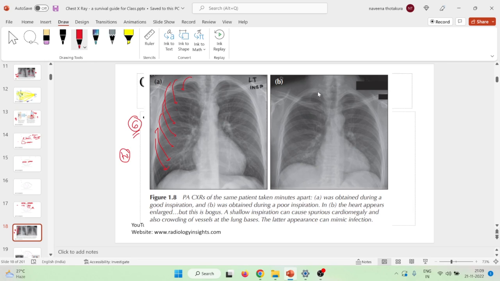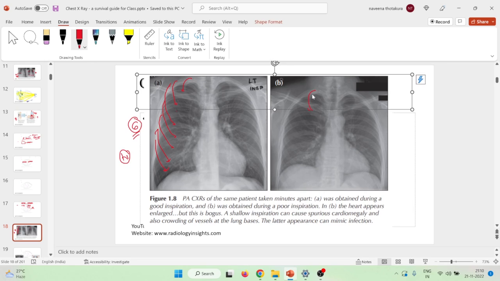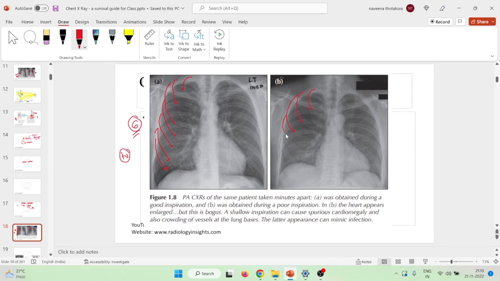But if you see here, this is the first rib, this is the second rib, third, fourth, fifth. The sixth is not visible. This is the sixth. It is not above the dome of diaphragm. It is below the dome of diaphragm. If there are less than 6 ribs above the dome of diaphragm, then we call it shallow inspiration.